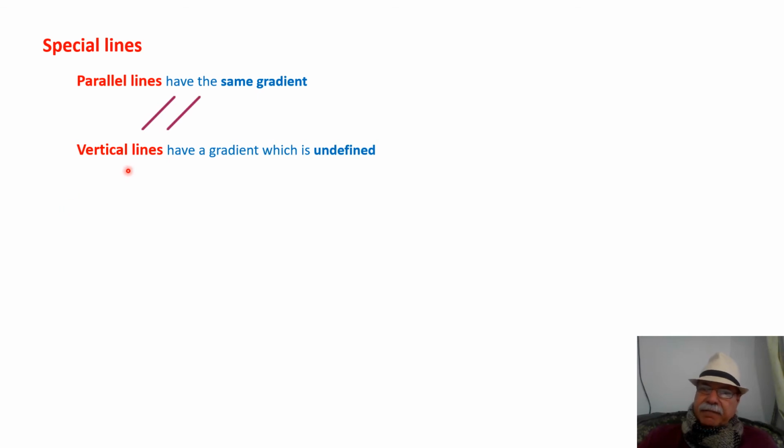And here I have a vertical line, not horizontal, but vertical. A vertical line has a gradient which is undefined.